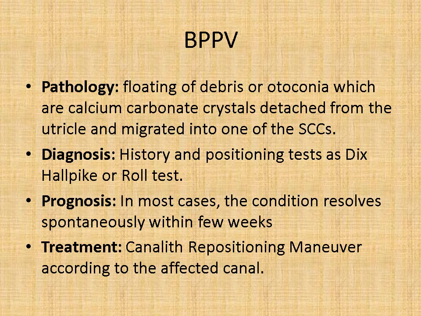First, from the history: a patient presenting with recurrent paroxysmal attacks of vertigo of short duration elicited by changing position, rotation of the head, or rolling in bed. Second, by performing the positioning tests. We have several positioning tests. The most commonly used are the Dix-Hallpike test for the posterior and the anterior canal, and the roll test for testing the lateral canal.